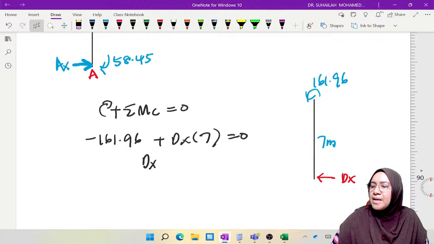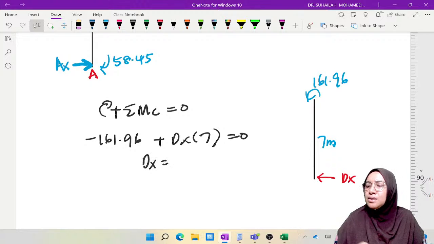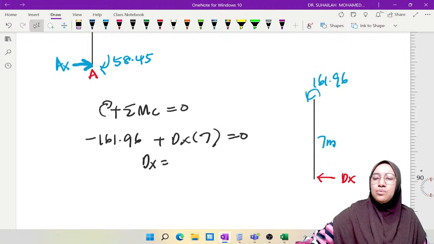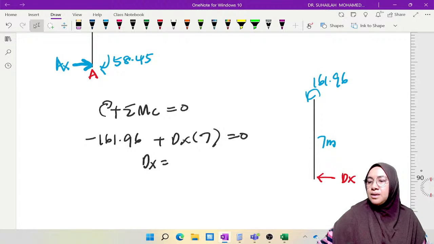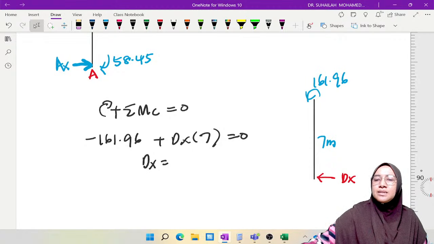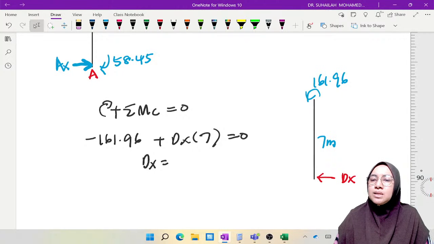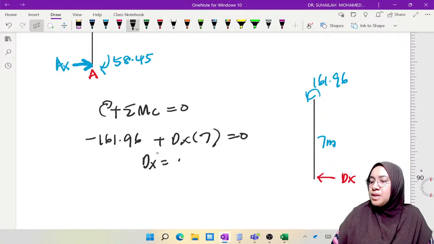Dapat apa ni DX? DX we get 161.96 divided by 7. So we get 23.13714, 23.14 kilonewton.